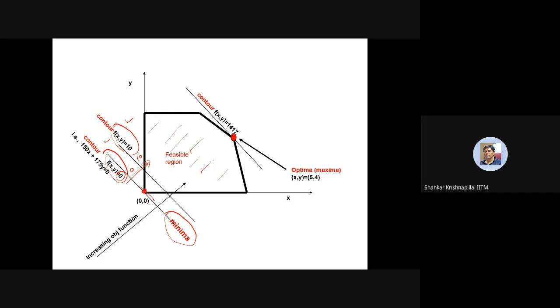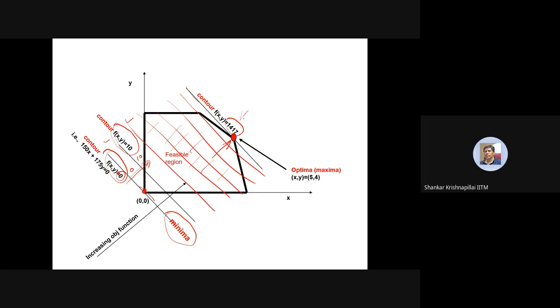The maximum value of the contours can be obtained by drawing successive lines until you hit this red vertex. This red vertex is the farthest point of the feasible region. This particular value of the contour is 1417.